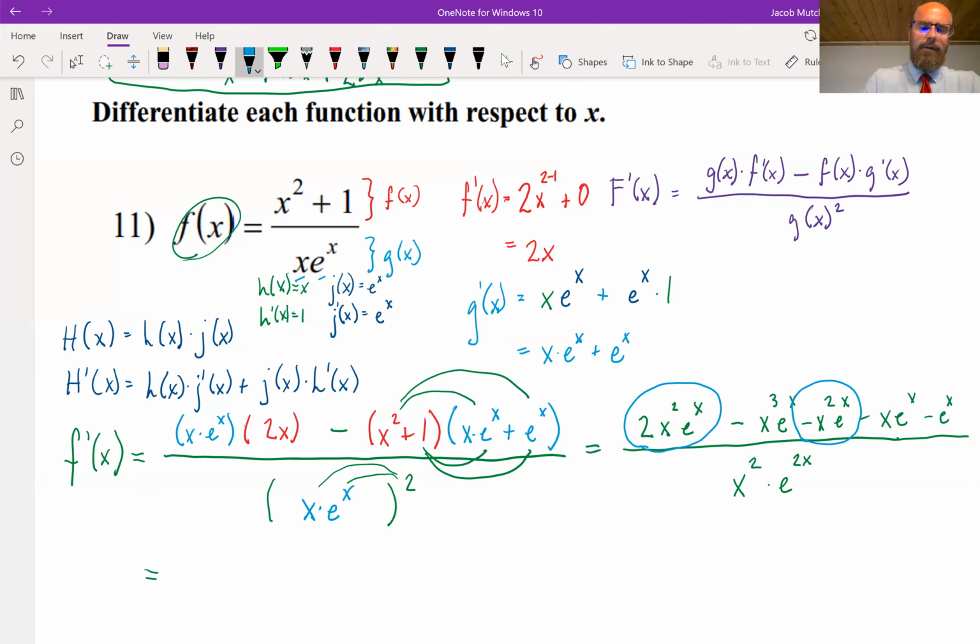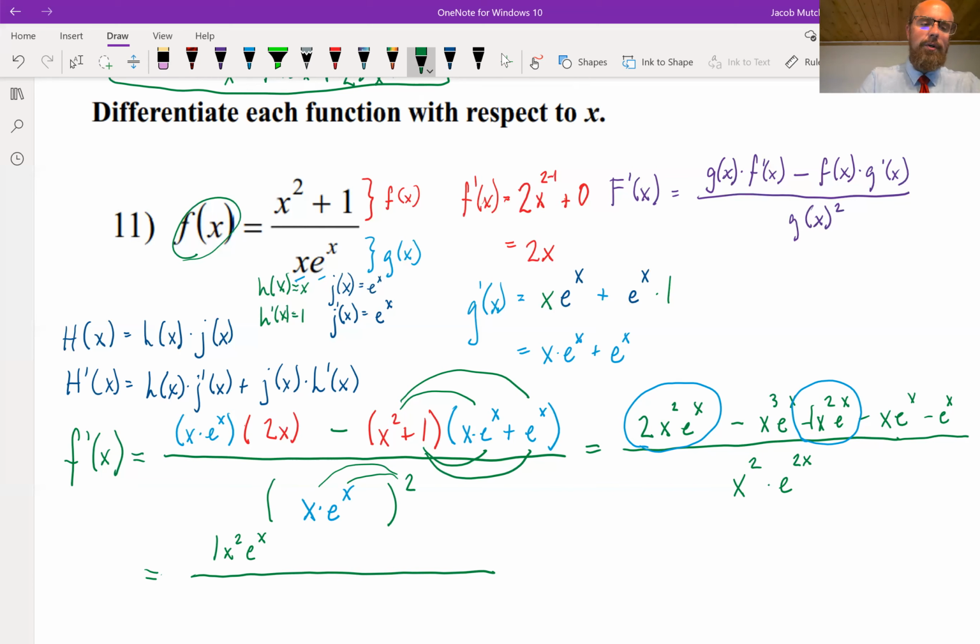So in my final answer down here, I'm going to write 2x squared e to the x minus, I can think that that is 1 x squared e to the power of x. And then the other terms I'm just going to write in. I probably should put the minus x cubed first because it's the highest power of x.